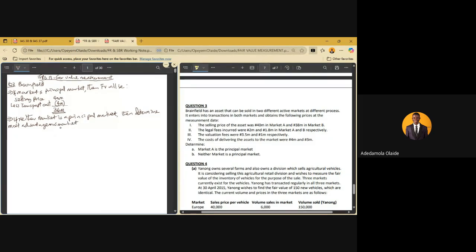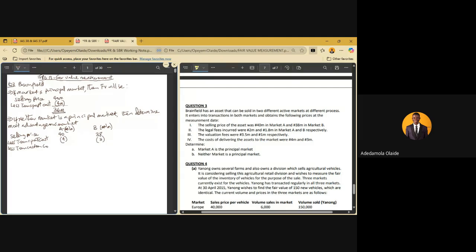To do that, we'll create columns for market A and market B. Selling price, which is how much? 40 million in market A, and 38 million in market B. Less transport costs, which is 4 million in market A, 3 million in market B. Then less transaction costs.